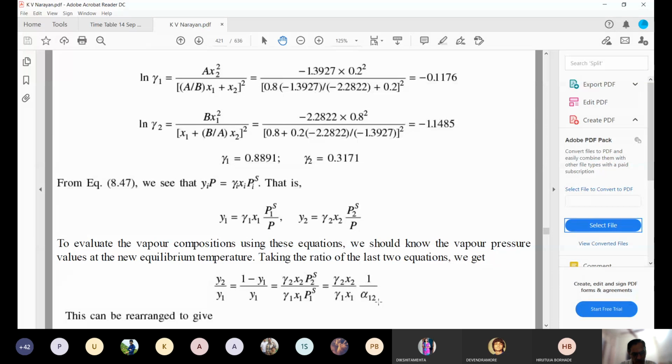Any doubts, questions on this one? We have just taken the ratio of y2 by y1. Now in this equation we know gamma 2, gamma 1, x2, x1, and alpha 1 2, and hence we have only one unknown, which is y1. We can find the value of y1. So calculate y1 using this equation.